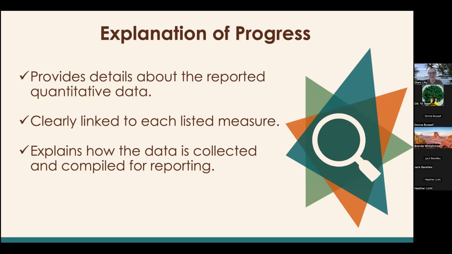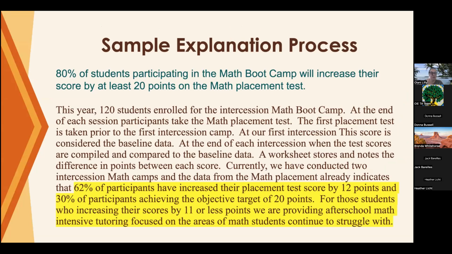So now let's take a look at a sample of an explanation of progress. You can see highlighted here some percentages, some talking about what those percentages mean, who is taking the assessments.